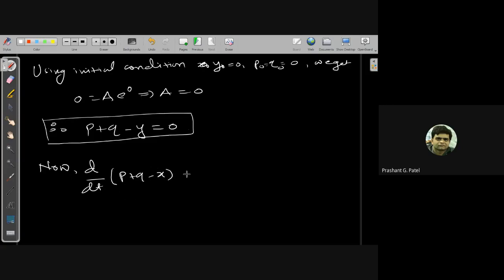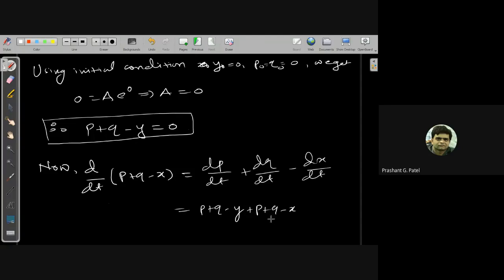Now let us observe d by dt of p plus q minus x. Let us see what this will be. It will be dp by dt plus dq by dt minus dx by dt. dp by dt, which we have obtained here, is p plus q minus y. dq by dt we have obtained, it is plus p plus q minus x. dx by dt we have obtained, but it is of minus sign, that is minus p minus q plus y.